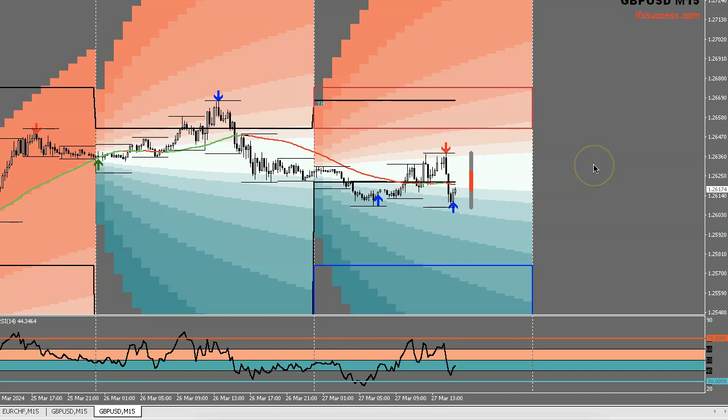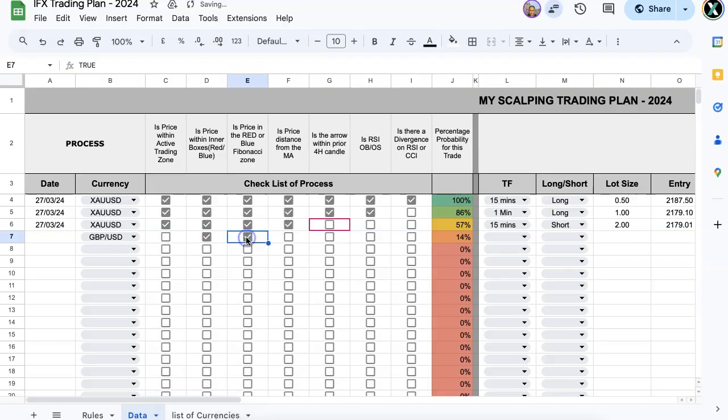So maybe it's not best, okay? It's not considered the best entry. Right here, price hit just a little bit of the red zone, and then it gave us an entry. So the rule is, we're only in the upper zones, right? At least somewhere within the darker red zones or blue zones in order to buy.